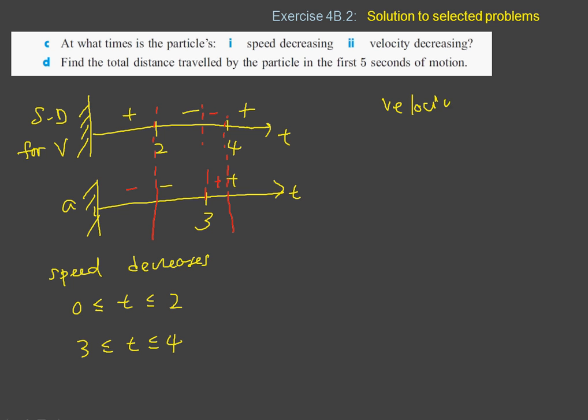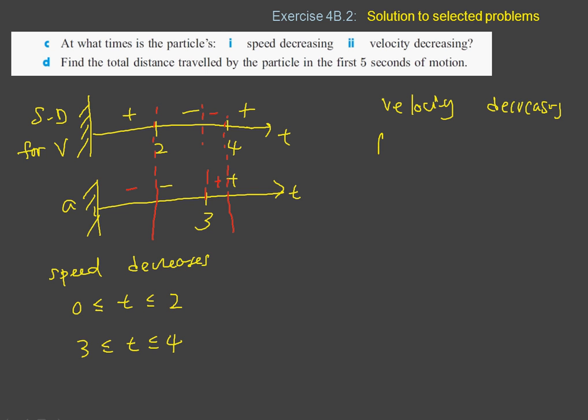How about velocity decreasing? Now velocity is a bit different from speed. Well, a lot of difference, but it relies on acceleration to tell you whether velocity is decreasing or increasing. So when acceleration is negative, that interval will be when velocity is decreasing. If you find that acceleration is positive in that particular interval, then we know velocity is increasing.